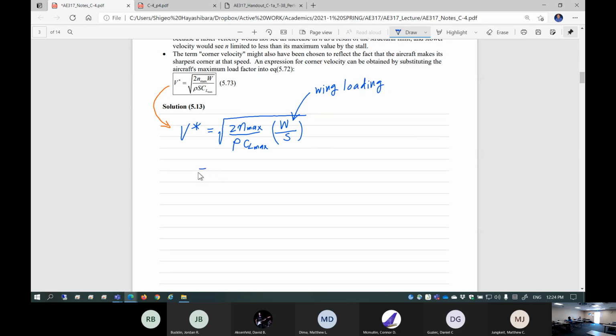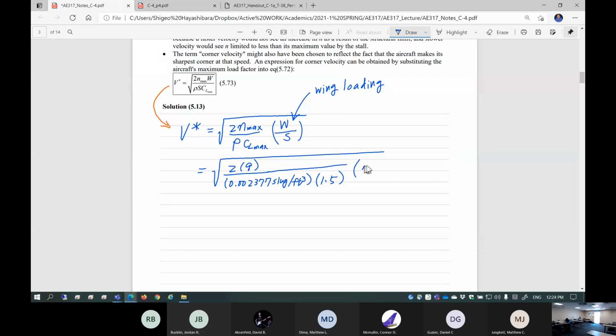Okay, so we're going to just plug in the values here. 2 times n max, where n max is 9, this is 9g. Density, let's plug in sea level, 0.002377 slugs per cubic foot. CL max is given as 1.5.